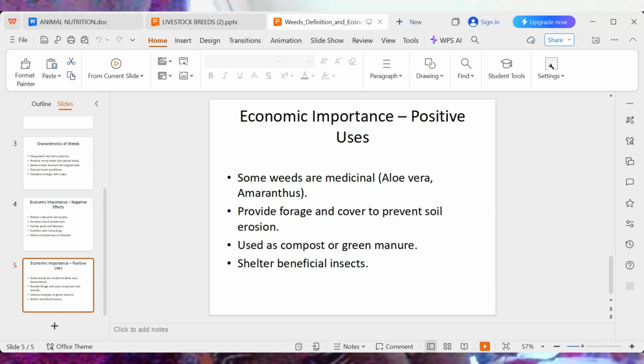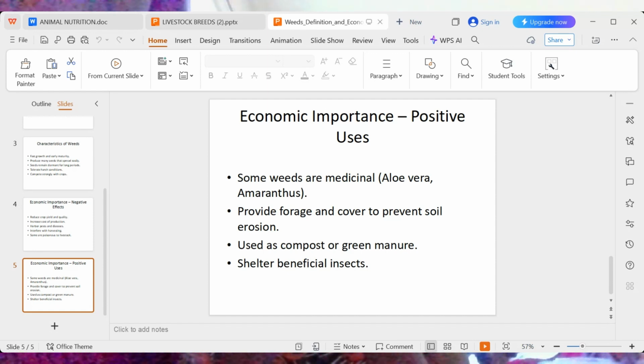Our next positive effect is that weeds provide forage and cover to prevent soil erosion. For example, earth grass, and animals can feed on them. They also prevent soil erosion since they cover the soil, helping prevent wind erosion or even water erosion.